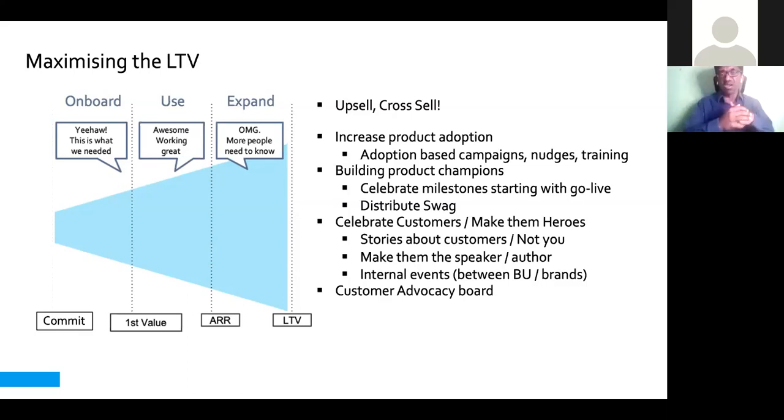So the idea is to make sure Big Bazaar as the first customer becomes successful and you start moving horizontally, from Big Bazaar to, let's say, Hometown; there are a bunch of other business units. That's one way you can do cross sell from the BU point of view, and we can do upsell from the product point of view, where you can truly make them successful.